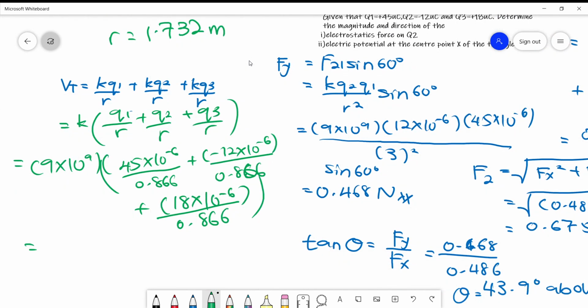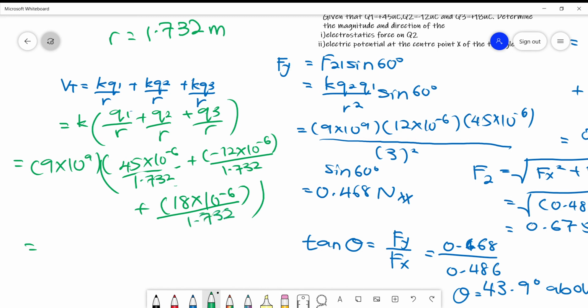Okay, so this one should be 1.732, 1.732, and 1.732.